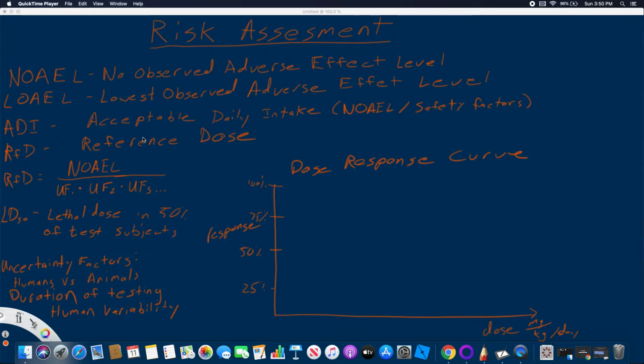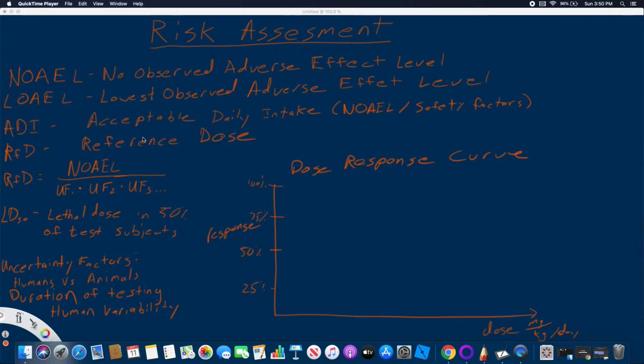They have a very low body weight. They also have developing organs, which are much, much, much more susceptible to damage while they're developing. So there's a lot of variability there that if you want to try to protect people, you need to add in a safety factor based on that alone.